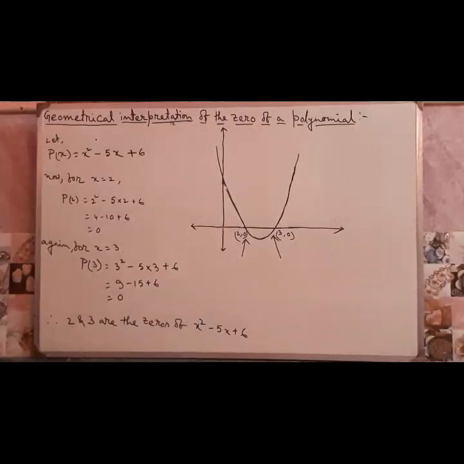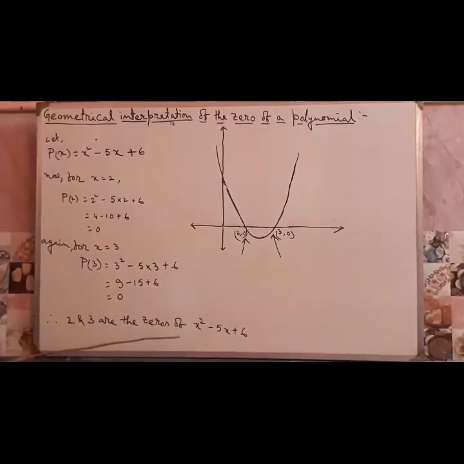Now the geometrical interpretation of the zero of a polynomial. We took one example. Suppose the polynomial is x square minus 5x plus 6. Then for x equal to 2, the value of the polynomial becomes 0, and for x equal to 3, again the value of the polynomial becomes 0. That means 2 and 3 are the two zeros of this polynomial x square minus 5x plus 6.